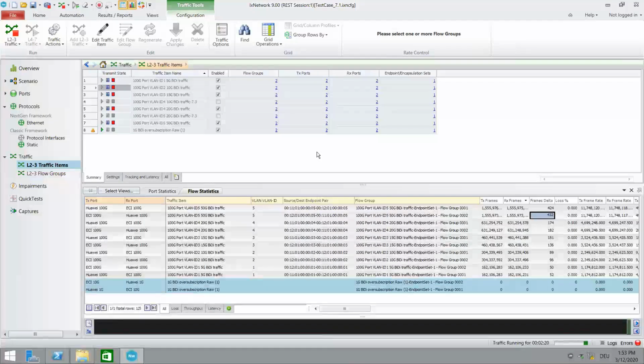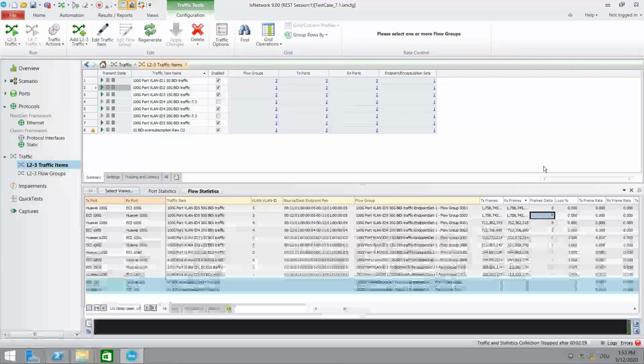You will see that there is no loss, and if we stop, we see that there is really no packet loss. After running for 2 minutes and 39 seconds, we see that there is 0 loss on all 5 VLANs, and the frame delta is also 0.